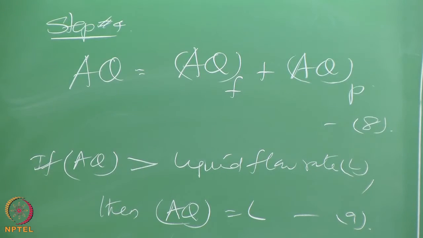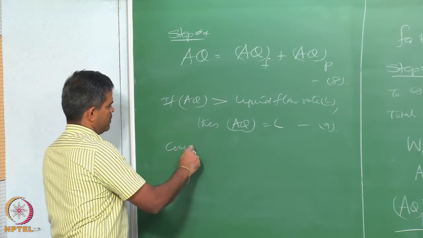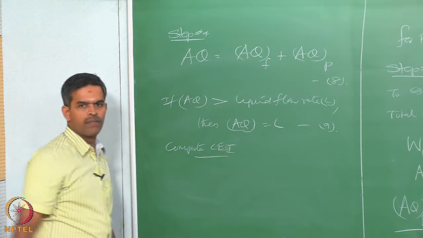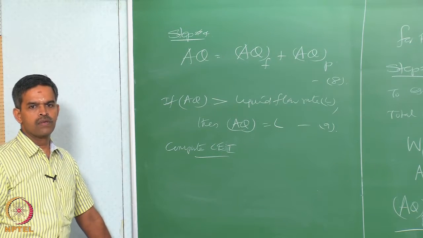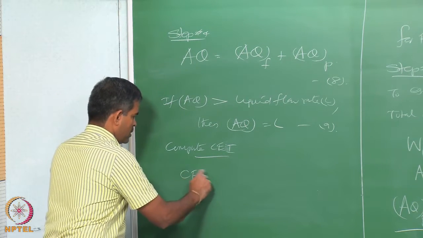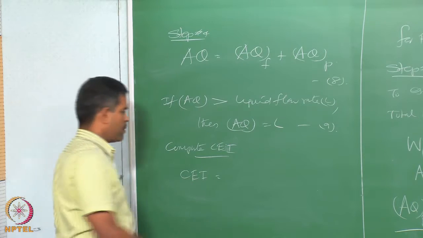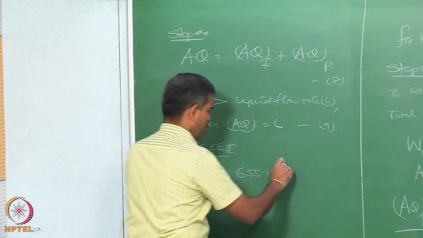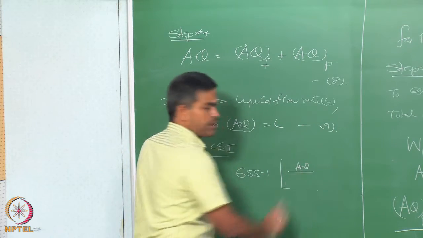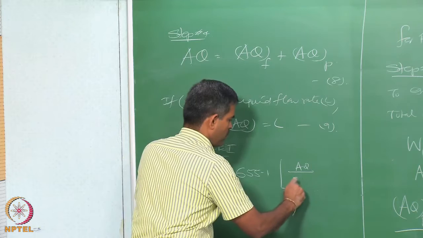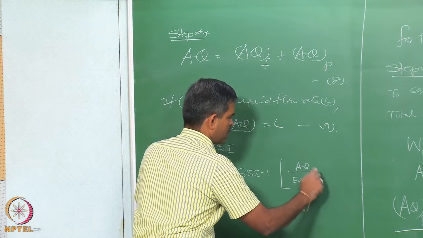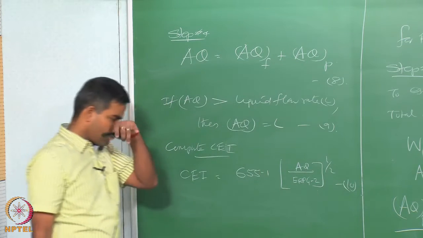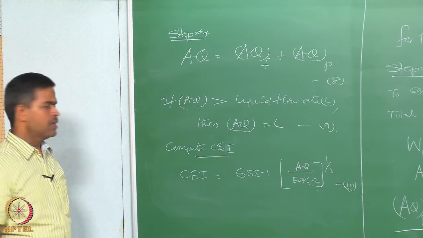Then one can compute the chemical exposure index. The chemical exposure index is given by 655.1 multiplied by the airborne quantity you computed, divided by the ERPG concentration 2 for the hazardous material.